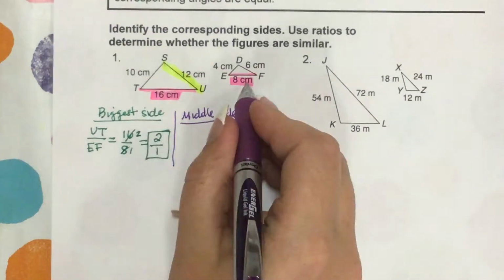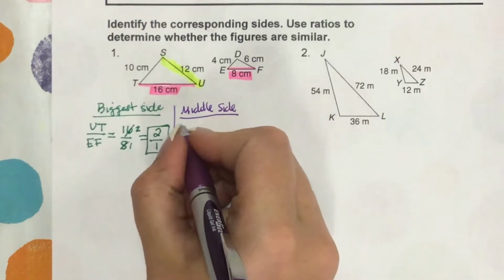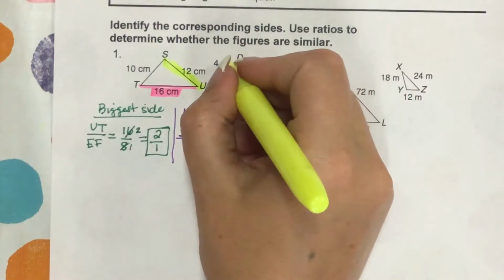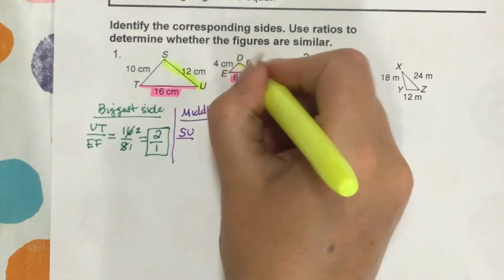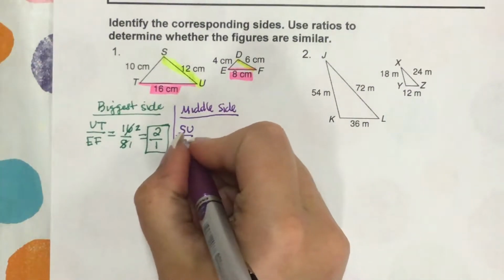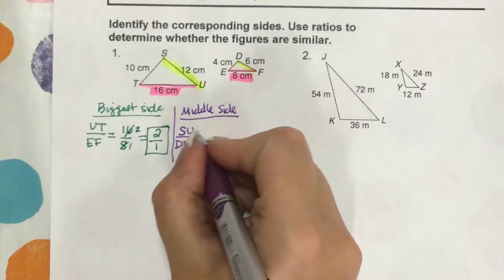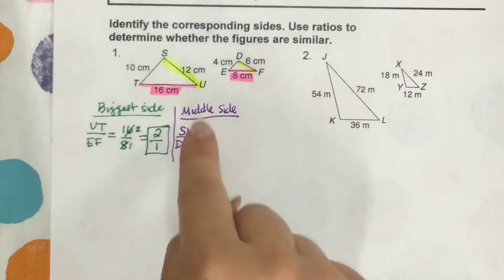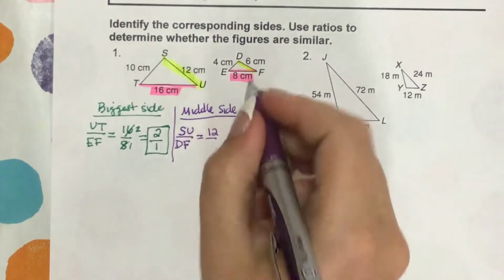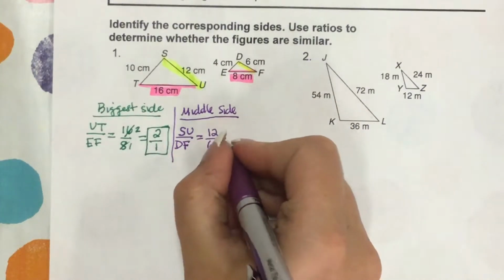We're going to have the big triangle over the little one so it stays consistent. So SU over the middle side over here, 4 is the smallest, which means DF would be the middle one. Now we're just going to fill in the numbers. SU is 12 over DF is 6.